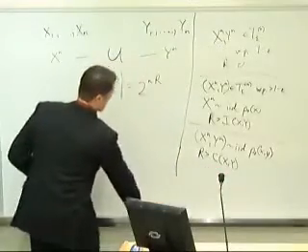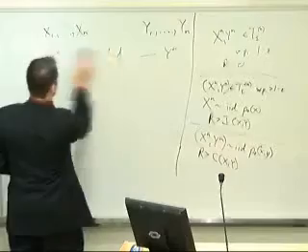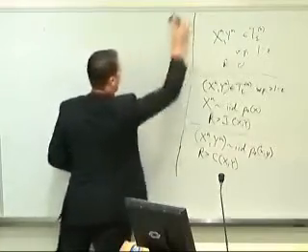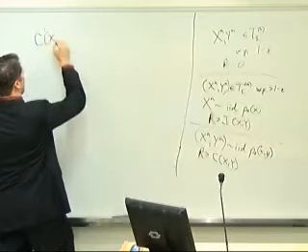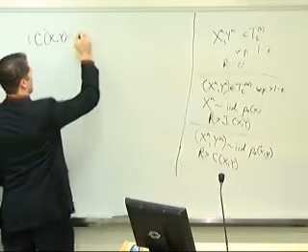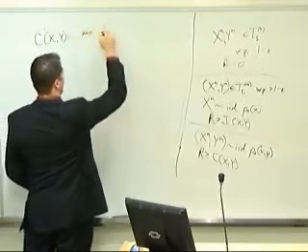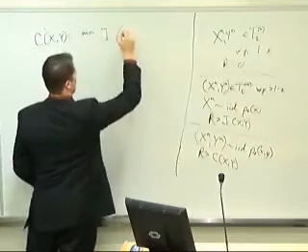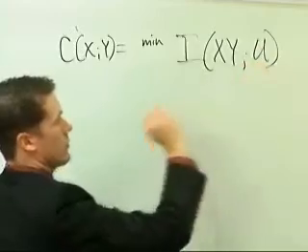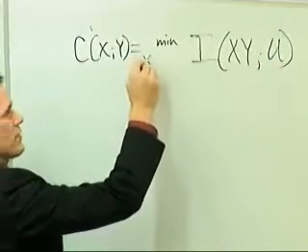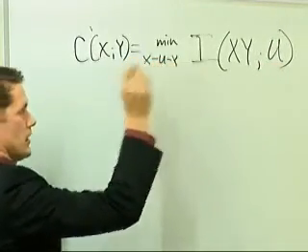And what it means is, the common information between X and Y is the minimum mutual information between the pair XY and some other variable U where U satisfies the Markovity X-U-Y.